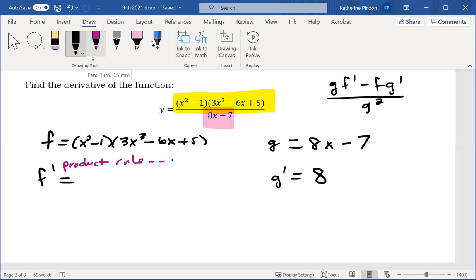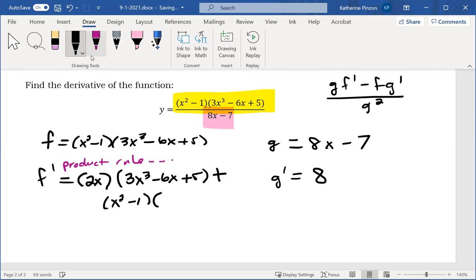So for f prime, I say derivative of the first, 2x, times the second, 3x cubed minus 6x plus 5, plus first, x squared minus 1, times the derivative of the second. Bring the power in front, subtract 1 from the power, minus 6.